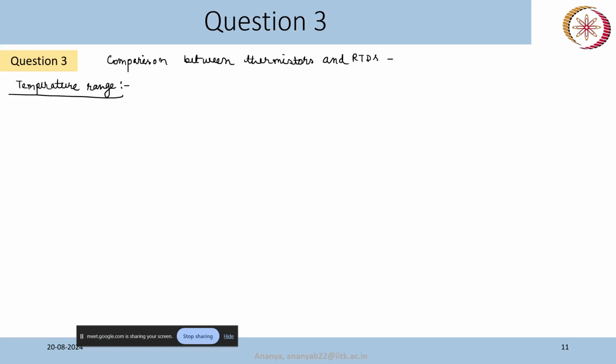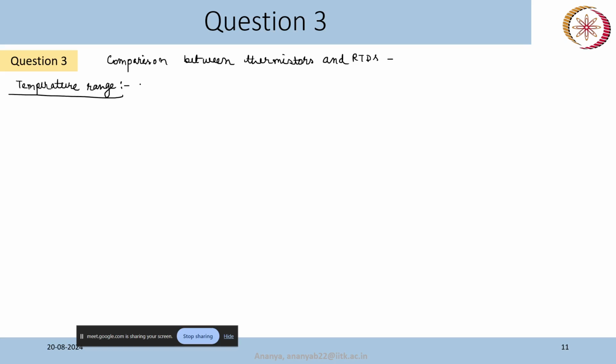We know that metals can sustain very high temperature, that's stable at high temperature. So thermistors are typically used for lower temperature, generally below 250 or 300 degrees Celsius, because if it is made of polymer, then it will not sustain high temperature, while RTDs can be used at a very high temperature, generally say 600 degrees Celsius or so.